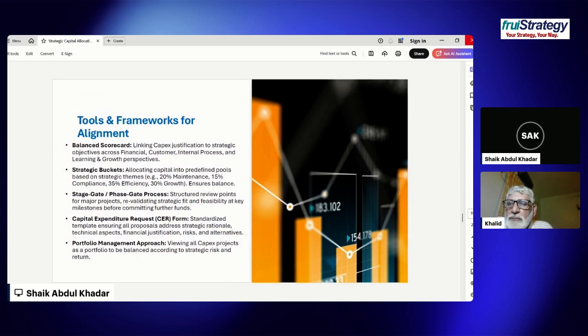Then you have another method called stage gate or phase gate process, and this is a strategic review for major projects, revalidating strategic fit and feasibility as milestones before committing further funds. So normally, for example, in pharmaceutical companies, they have a lot of ideas and they call it an innovation funnel.